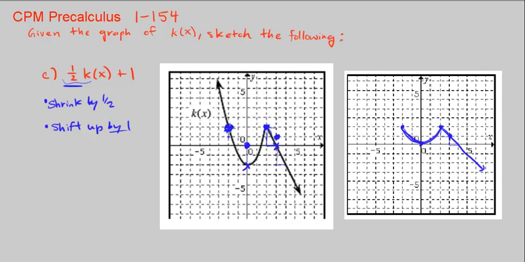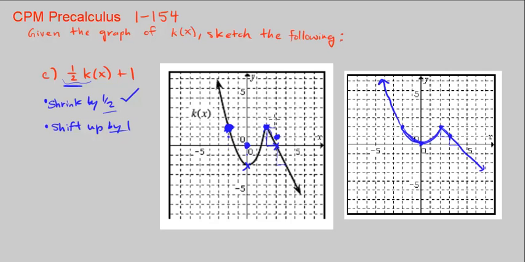And over here again, it was rising, I don't know, 4 over 1, but now it's going to be rising 2 over 1. So it's going to be like this. So again, this is a vertical shrink, right? It's vertically compressing by 1/2.